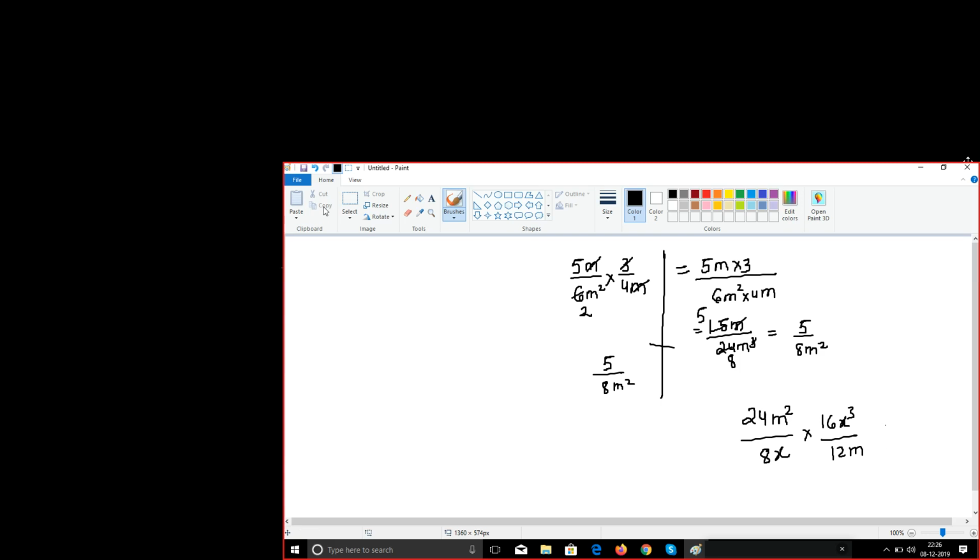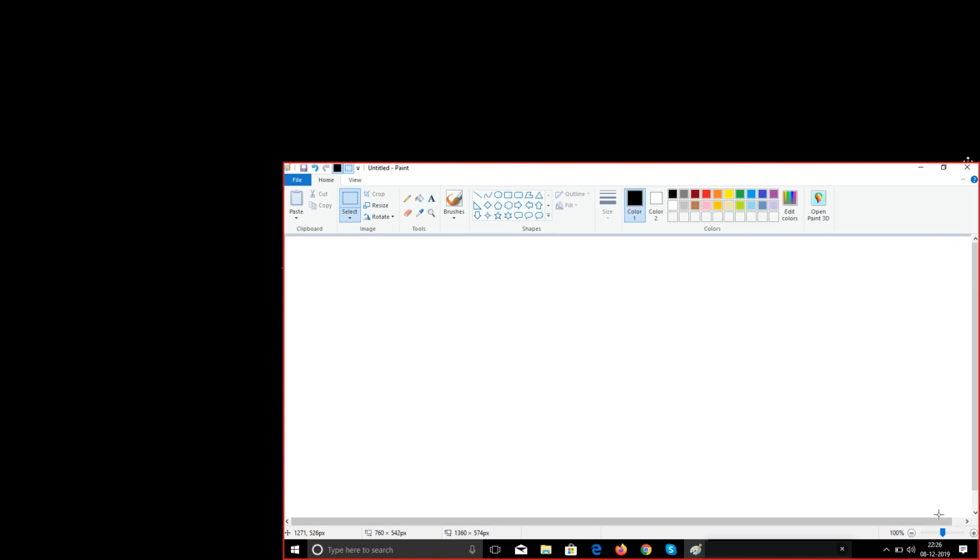So this is the multiplication of the fractions. If we have to divide the fractions, suppose the fractions are like this: 6x over 2y divided by 3x over 8y. What you have to do is just take the reciprocal of this one.